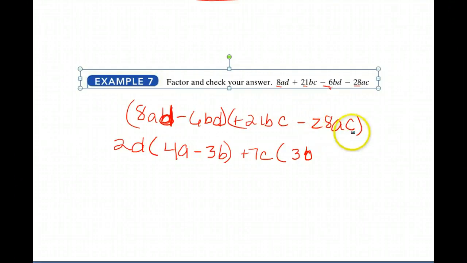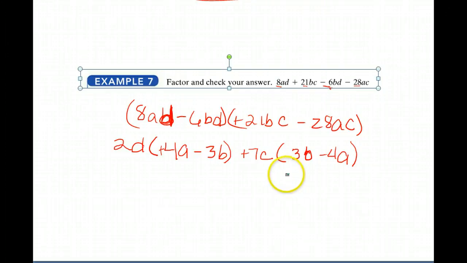Negative 28AC divided by 7C leaves me with negative 4A. Man, my numbers are so close in my quantities. They're not quite the same, are they? Here, I have a positive 4 and a negative 3. But in this group, I have a positive 3 and a negative 4.